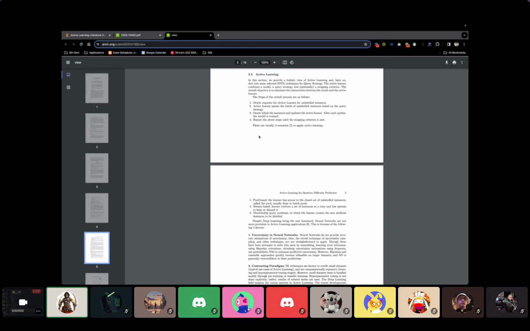So combining these two paradigms is a challenge. Another thing is that neural networks in deep learning offer probability estimates that are not very reliable. But for active learning we need very reliable estimates fast, because we'll be training the model many times. So these are the two challenges.